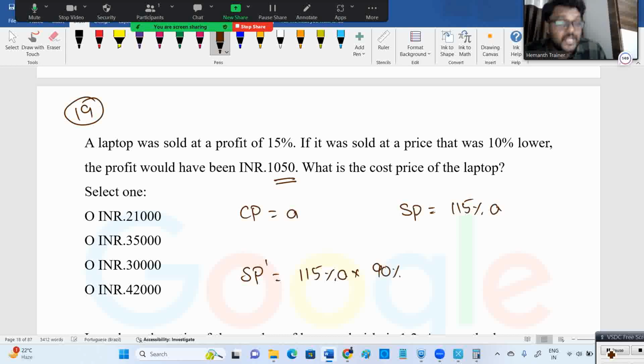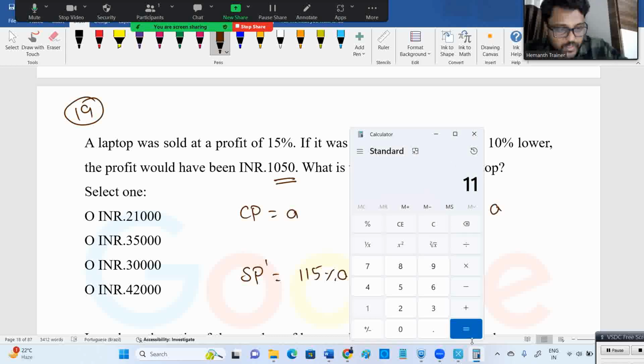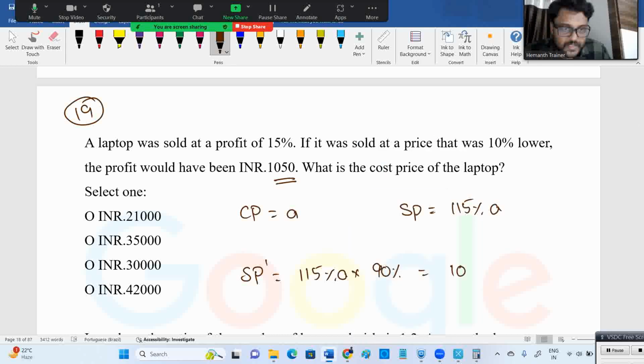So 115 divided by 100, times 0.9. So 115 into 0.9 gives 103.5% of A as the selling price.